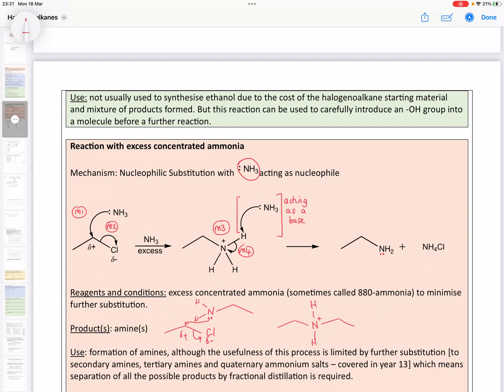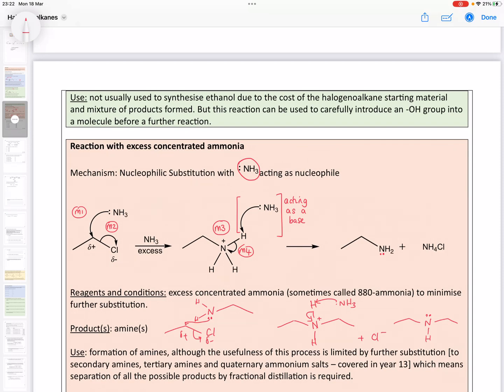So that's our intermediate step, plus Cl minus, and then another molecule of ammonia from the starting material can attack that, and that's going to make our final molecule here.